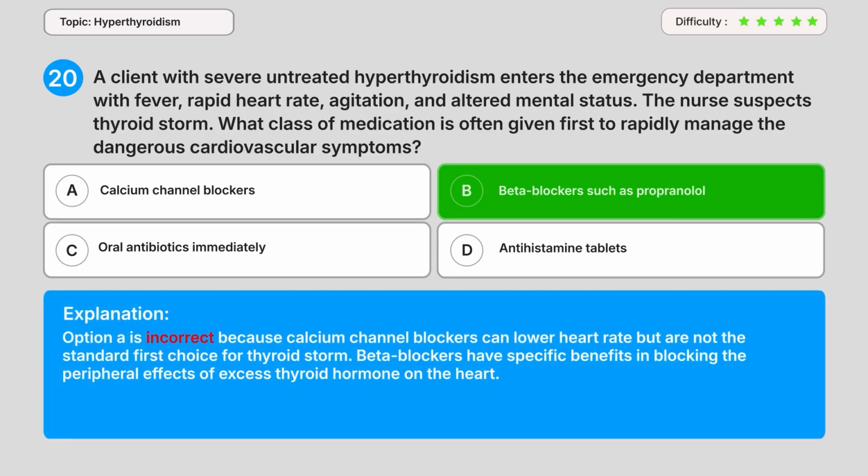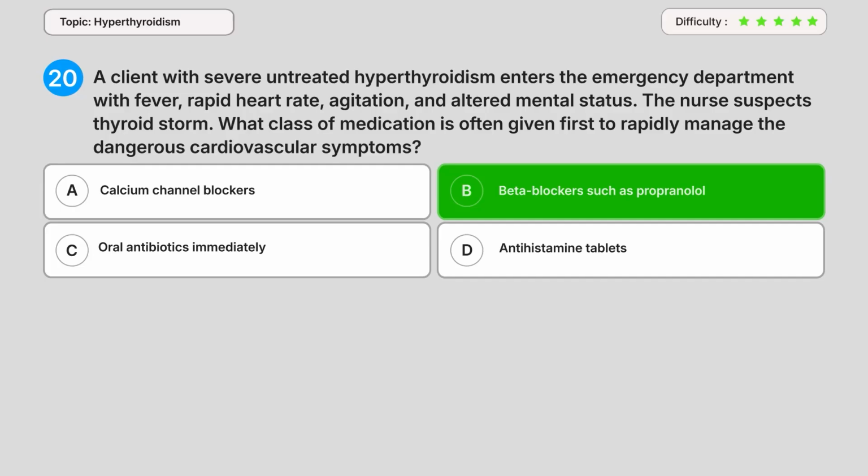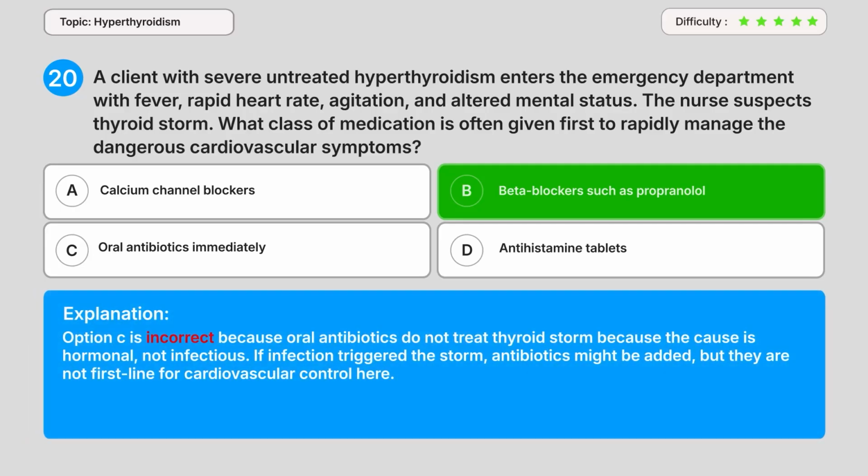Option A is incorrect because calcium channel blockers can lower heart rate, but are not the standard first choice for thyroid storm. Beta blockers have specific benefits in blocking the peripheral effects of excess thyroid hormone on the heart. Option C is incorrect because oral antibiotics do not treat thyroid storm because the cause is hormonal, not infectious.